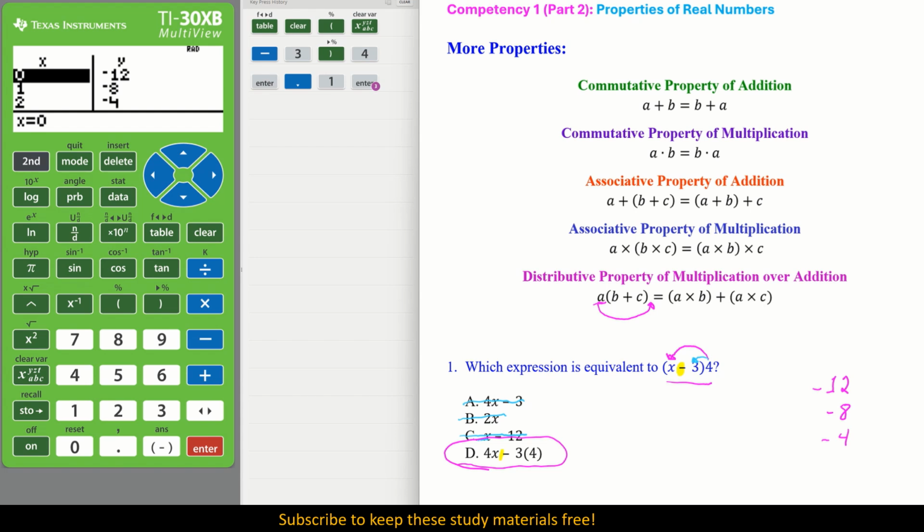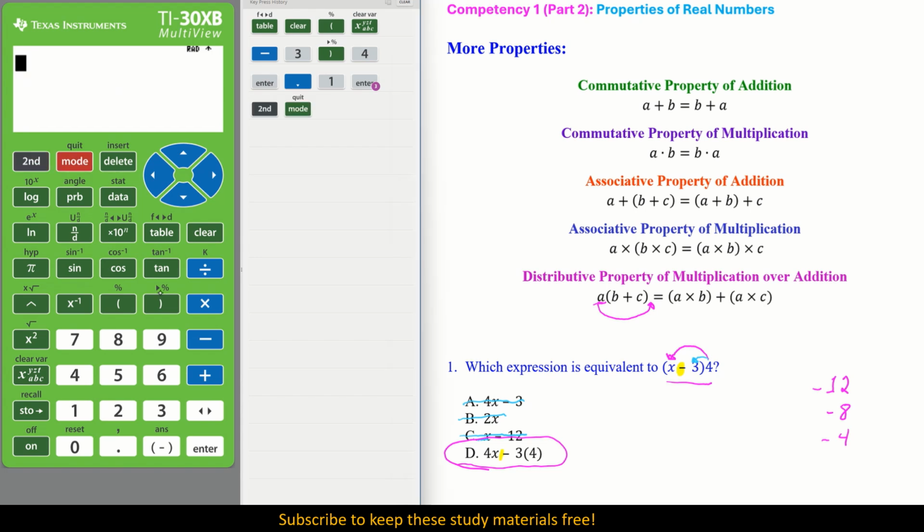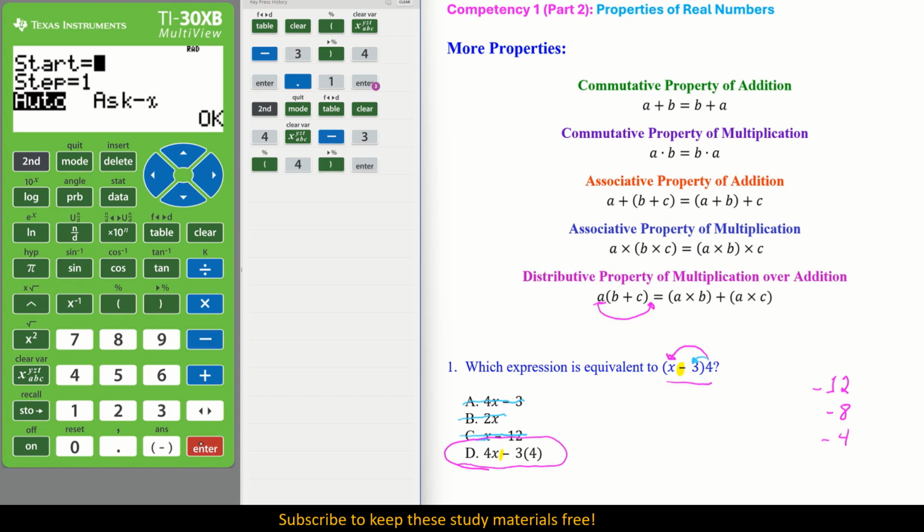Let's back out, second mode, and then go back to the table. Now clear it, because you're going to type in the equivalent form: 4x subtract 3, and type it in the way they have it, 4 parentheses. Enter.